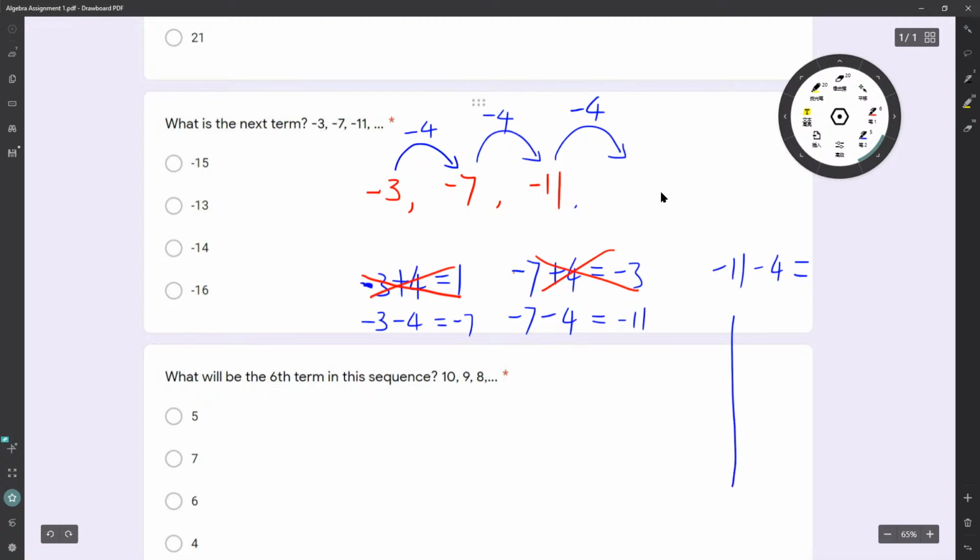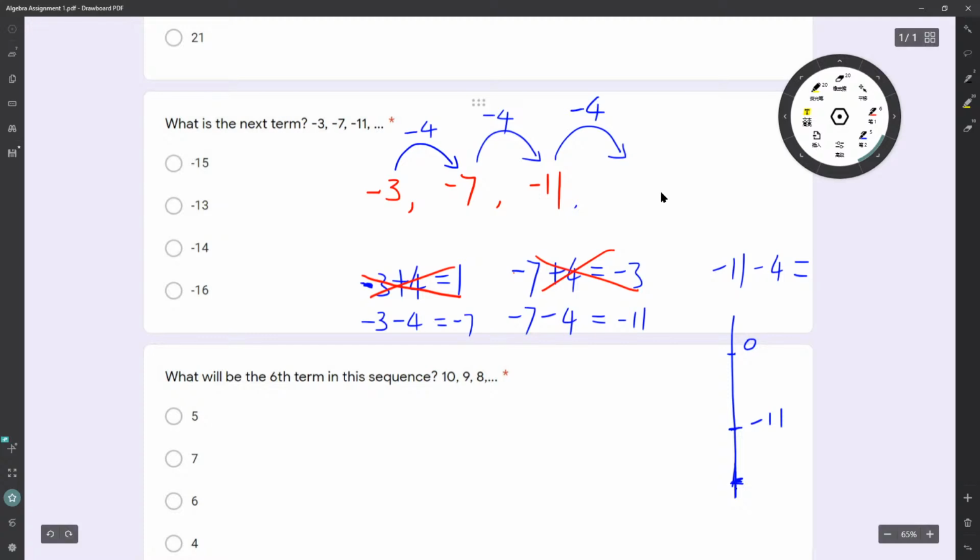First, imagine you have a thermometer at 0, and your -11 is 11 below 0. Subtract 4 means it further goes down by 4. This point is going to be 11 and 4, 15 away down below 0.